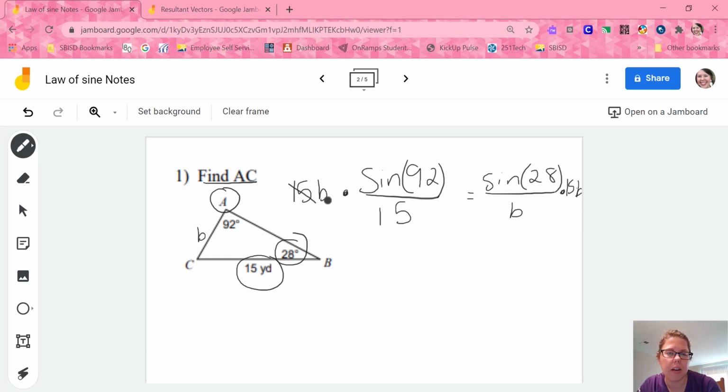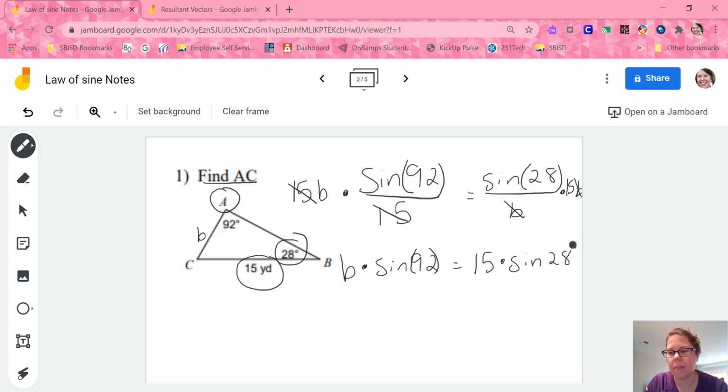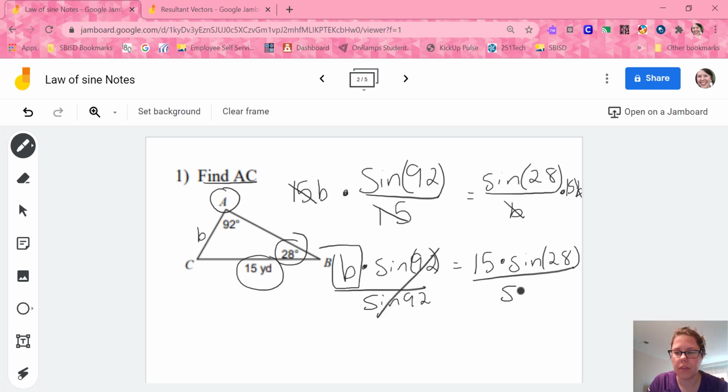On the left side, my 15s divide out, and I'm left with b times sine of 92 equal to, on this side, my b's divide out, and I'm left with 15 times sine of 28. My ultimate goal is to get b by itself, so I'm going to divide this side by sine of 92.